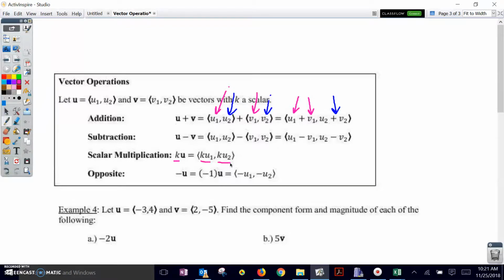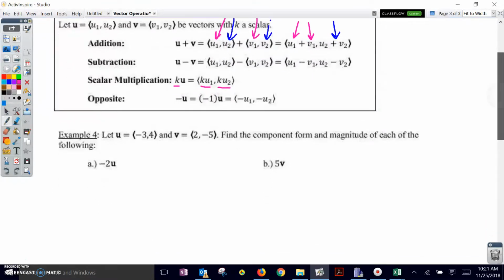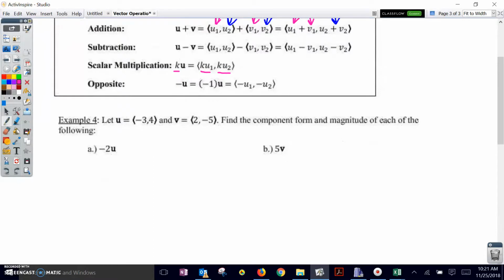Alright, so in example 4 here we're going to look at some vector operations and finding component form and magnitude of each of these. So in part A, I want to find the component form of the vector -2u. Well, since u is the vector <-3, 4>, the vector -2u is just going to be, I'm going to take -2 and multiply it by each of the components.